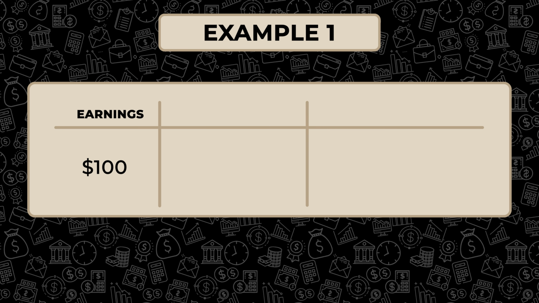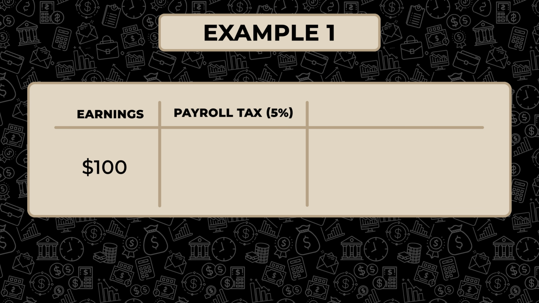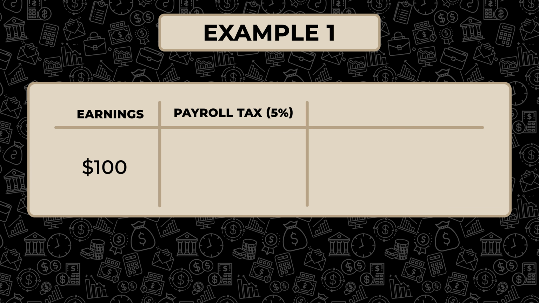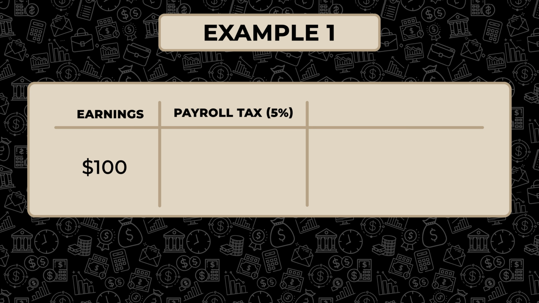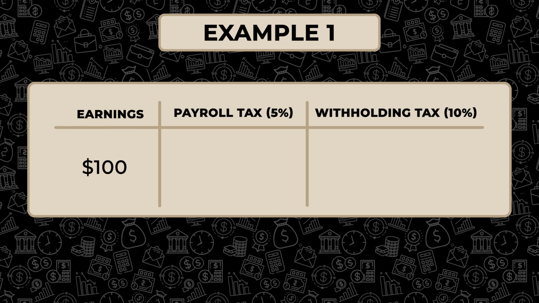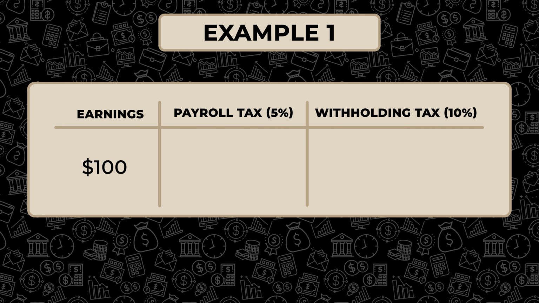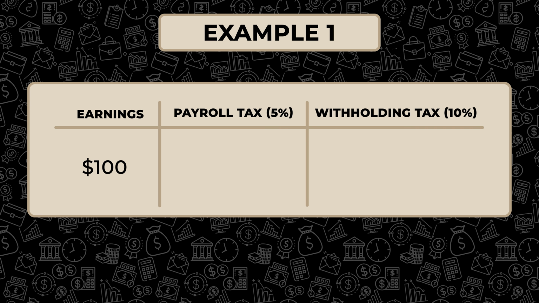And let's imagine the payroll tax is 5%. And in this example, we'll start off with owing only one payroll tax just to keep things simple. Let's also imagine that their withholding tax is 10%. And again, for this first simple example, let's just imagine there's only one withholding tax.